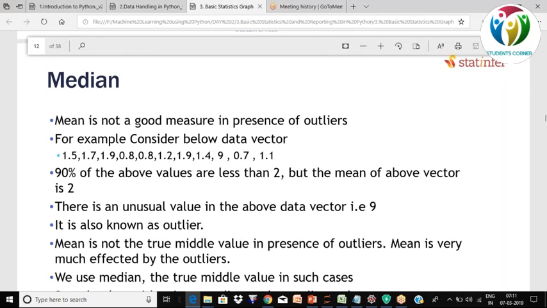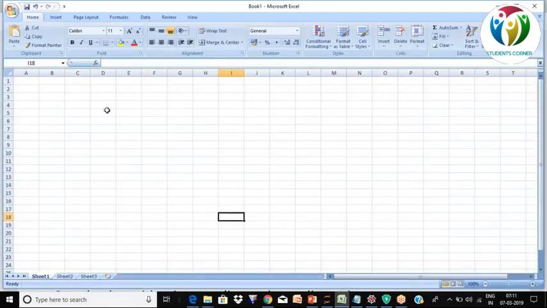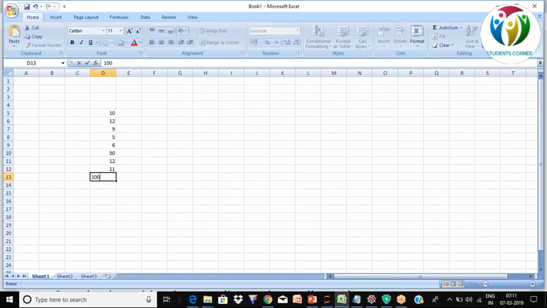Let me give an example. Let's say we have 10, 12, 9, 5, 6, 50, and so on.